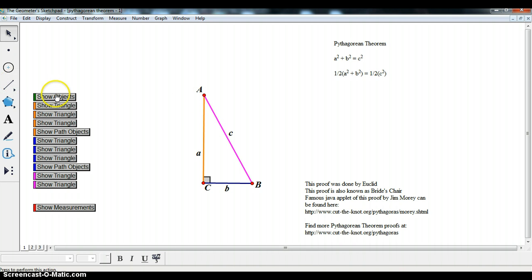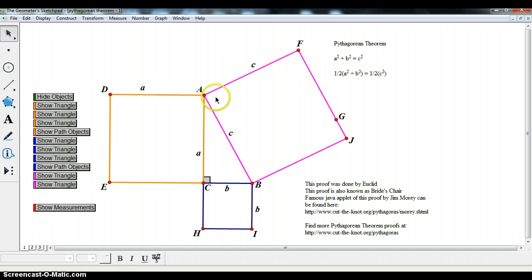So we're going to make that happen. a squared plus b squared equals c squared. Now, in this proof, we're going to be doing something a little bit weird. By any simple algebra class, if you do something to one half of the equation, you have to do it to the opposite half.